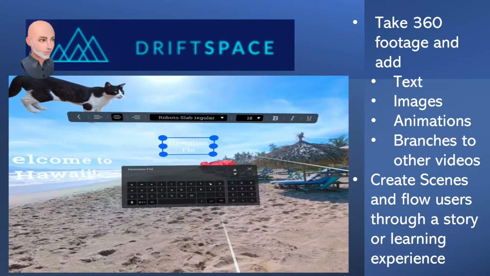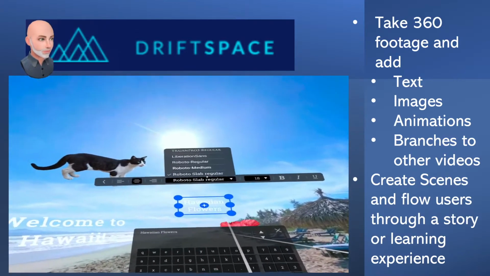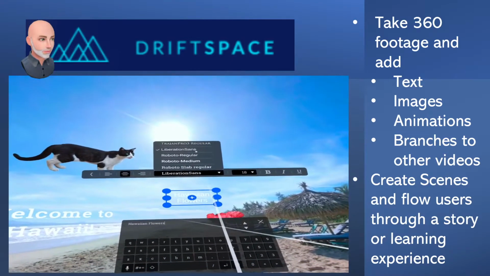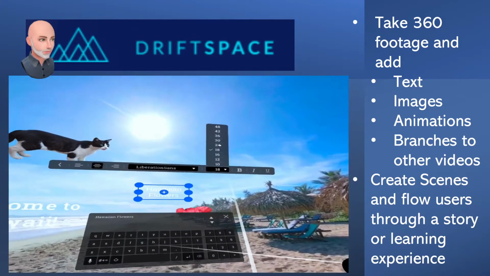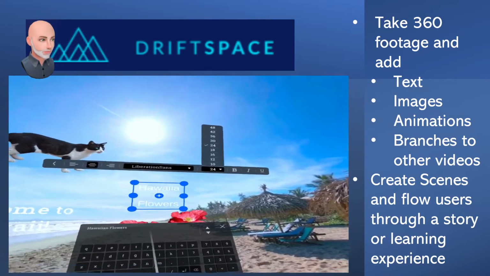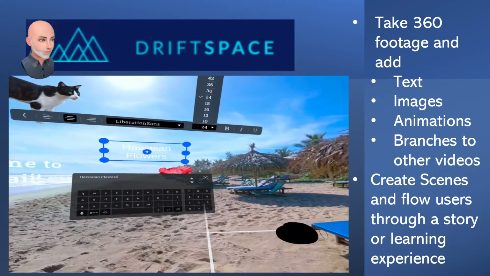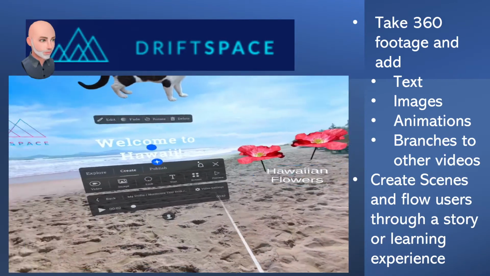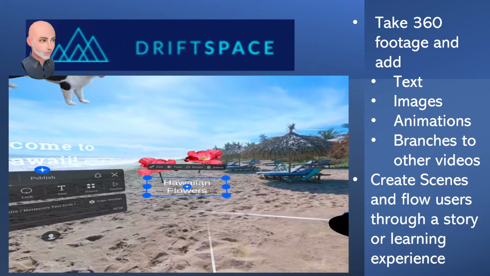If you click on the text panel and click edit, you can see there are a bunch of different options for font size and font type and things. So you can really bring some design chops in there. And we're going to be adding more colors and maybe some 3D text as well. All right, great. So I got some text in here now that says Hawaiian flowers. Perfect.